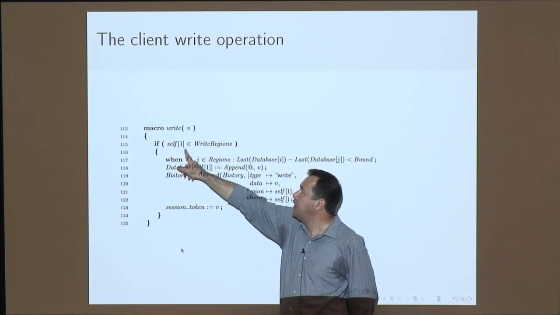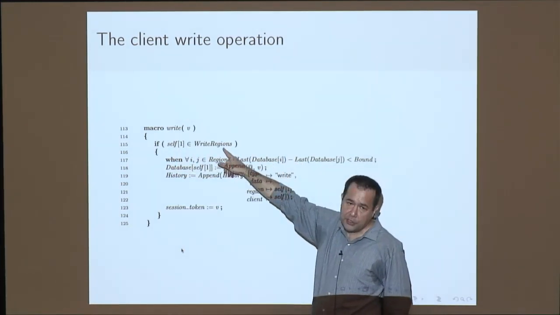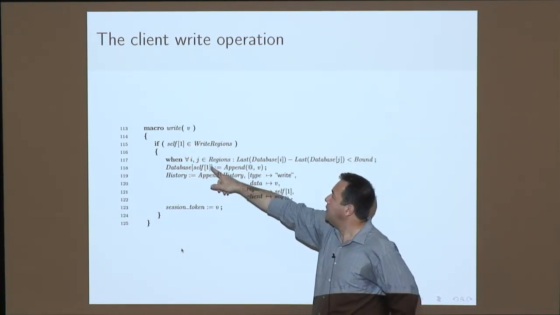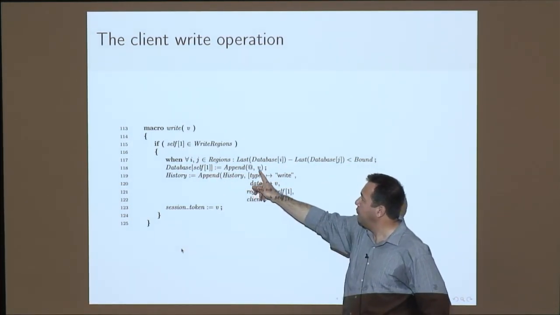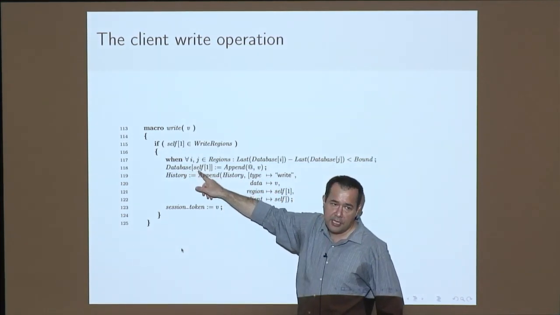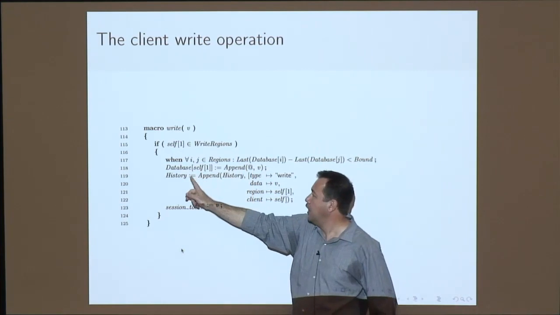If the client is in a write region, which I can control in the model, make all the regions write regions. If the client is in a write region, then it's going to append this write, the value that the client proposed, to the database at that region. Self1 is the region of the client. Database R, this is appended to the database R.